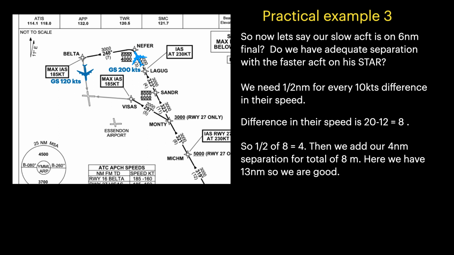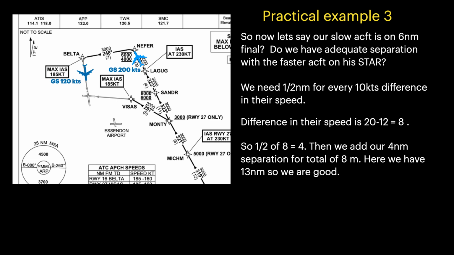In this case, we need the first aircraft, the guy at NEFA, to be only 8 nautical miles away from the guy on 6 mile final. Here we have 13, because you can see from NEFA to Belter is 7 nautical miles, and then from Belter to the slow aircraft, another 6.